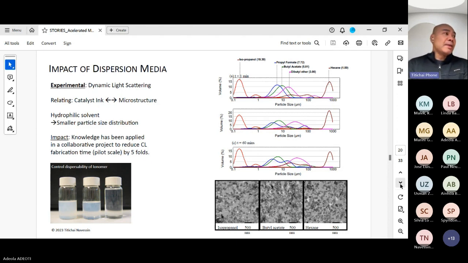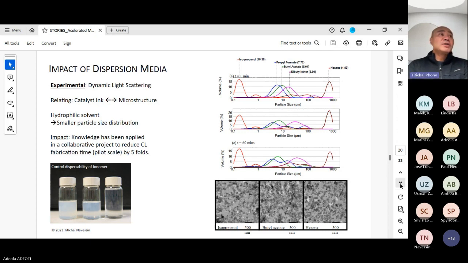So the point being made here is you can disperse the polymer as particles, which is shown as a cloudy bottle on the left there, or as a colloidal dispersion, or as completely dispersed, almost solution-like, on the right.